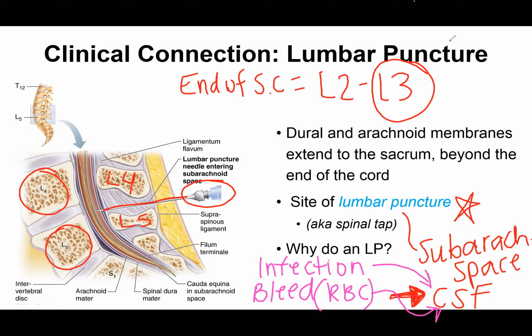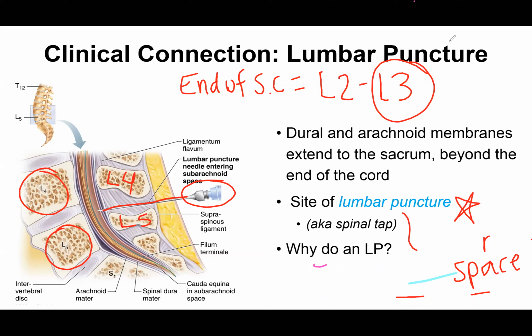But I also just want to point out one more thing, and that is the location of this lumbar puncture or spinal tap. Again, both meaning the same thing. Location is very important. You wouldn't want to do this lumbar puncture any higher because you run the risk of puncturing the actual spinal cord, which can cause damage.